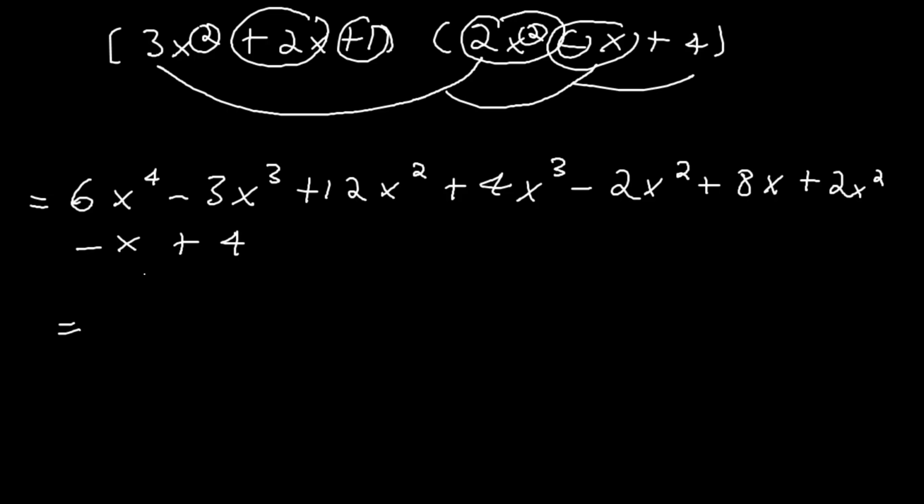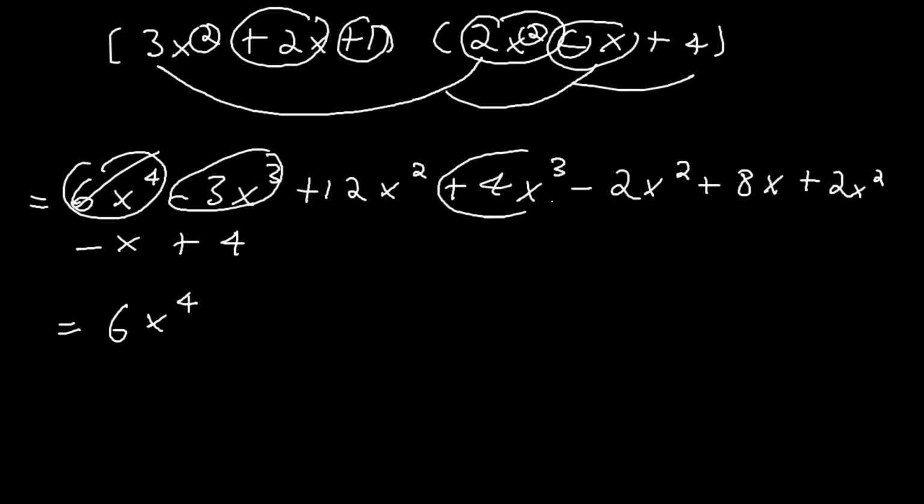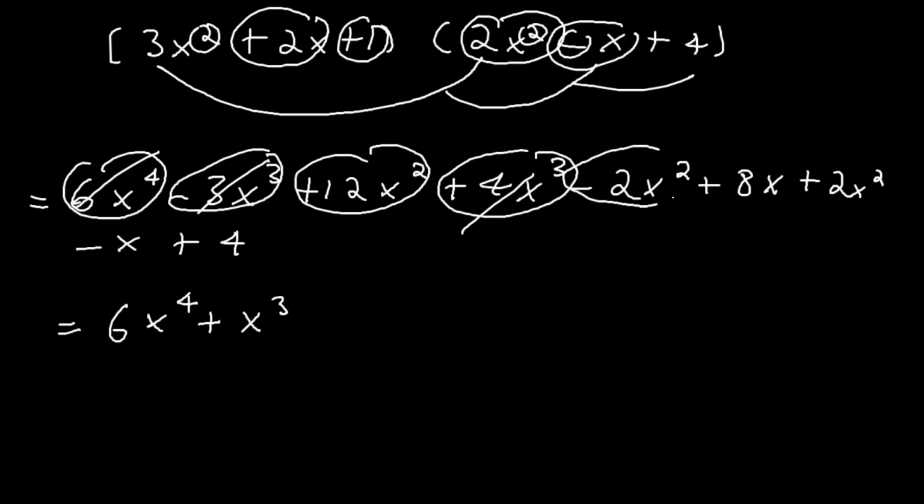Let's go ahead and look out for like terms. X to the fourth power, no, we don't have another, so we'll just rewrite this one over here. X to the third power, we have another one here, and we don't have any more. So negative 3 plus 4, we'll end up with a positive answer, which will be x to the third power. Next is x to the second power and x to the second power.